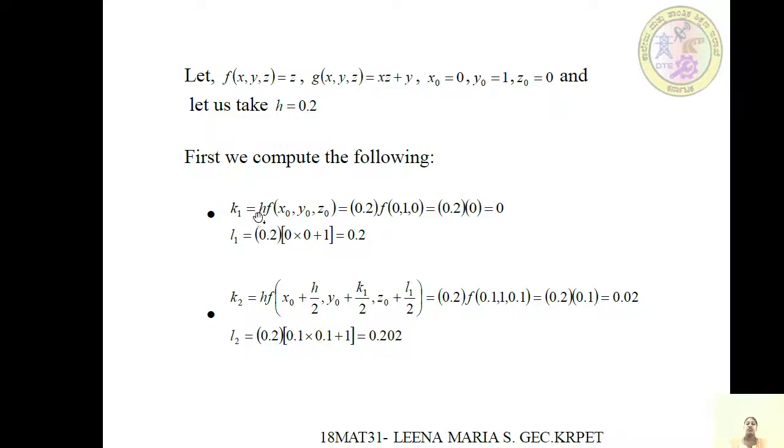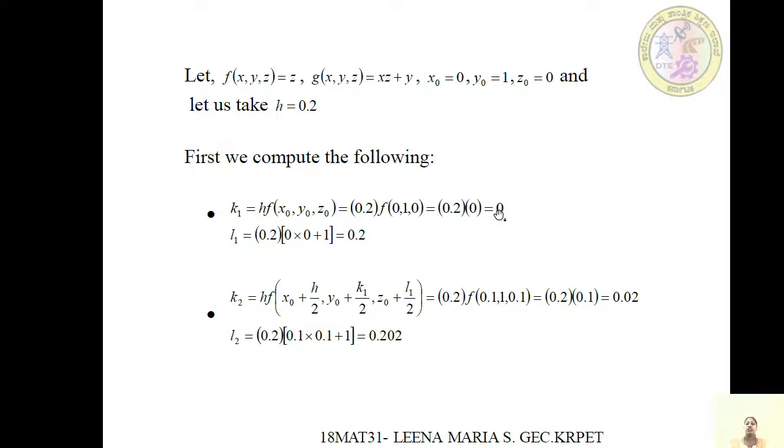K1 is h f of x0, y0, z0, where h is 0.2. F of x0 is 0, y0 is 1. The first function is z, so 0.2 into z, which is 0.